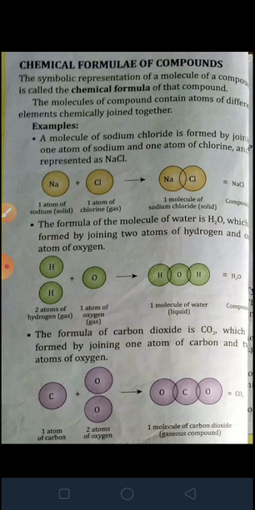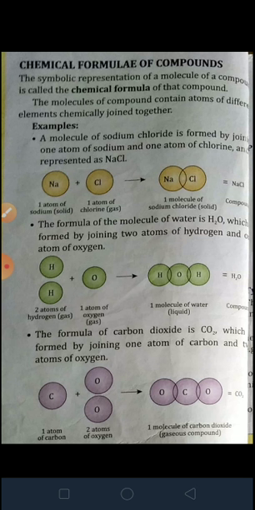We have already discussed the symbols of different elements. In the periodic table, we have already learned the symbols of different elements. As a compound is two or more elements chemically combined together, using the symbols of different elements we can get the chemical formula of that compound.